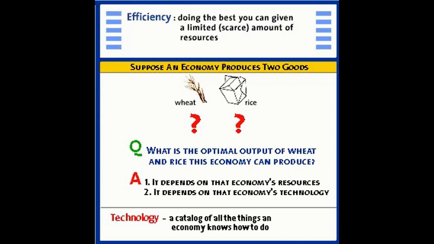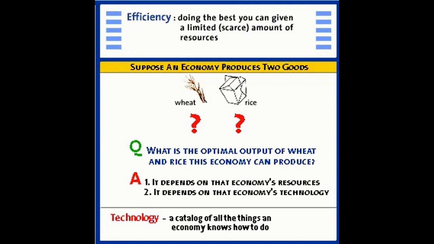So when an economist refers to technology, the economist is referring to a catalog, a complete list of all the things the economy knows how to do. When your technology improves, it usually means that you're able to produce more output with less input because you're using that input in a smarter way.